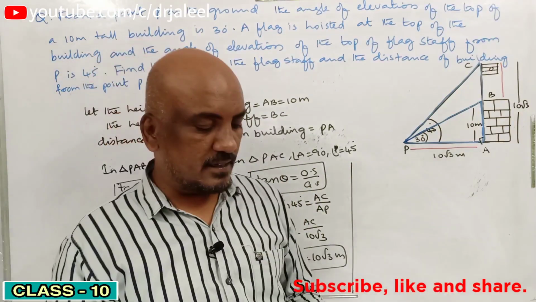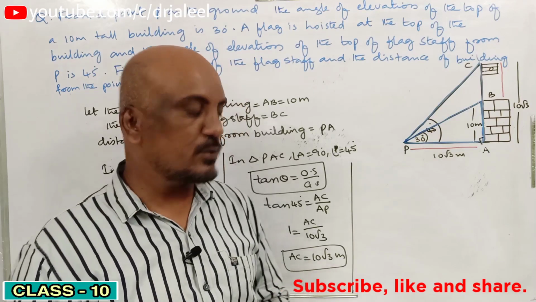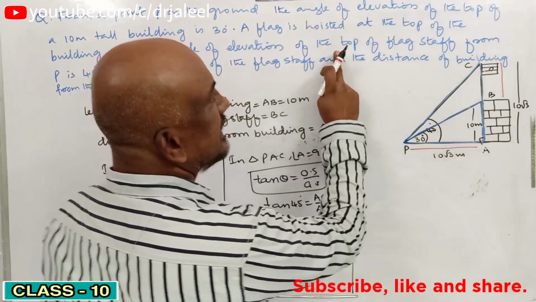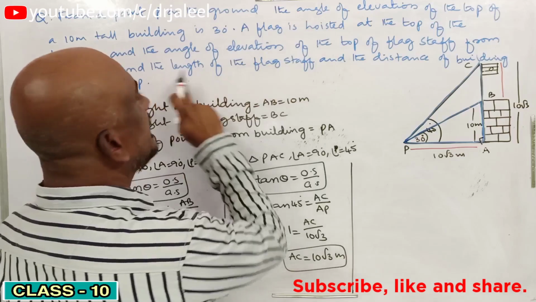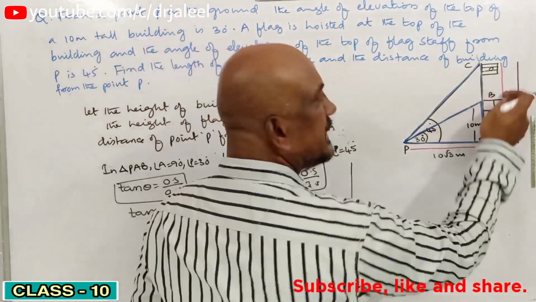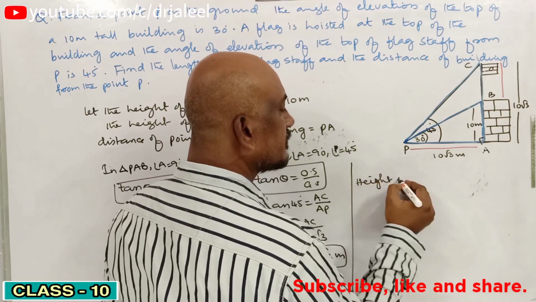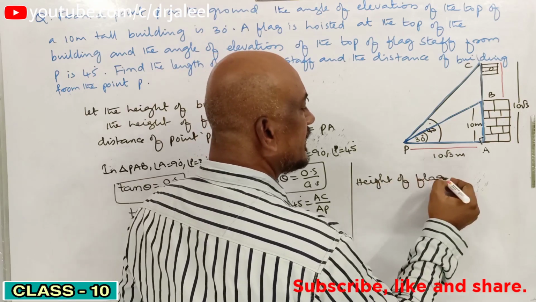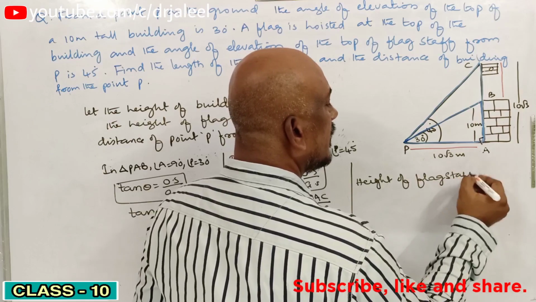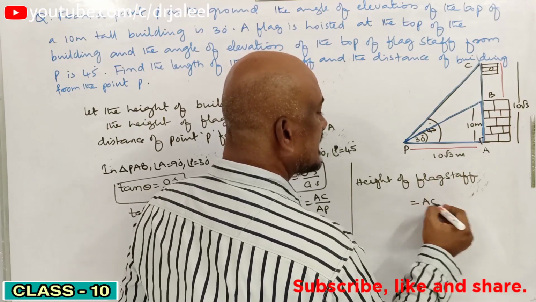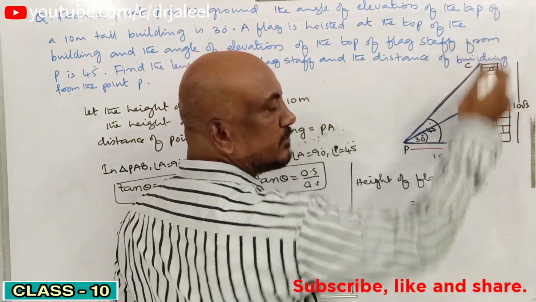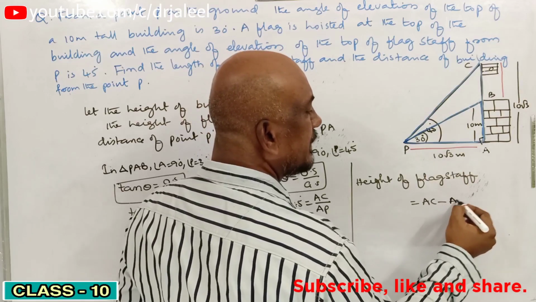Now let's give the conclusion. Let's give the answer to him. First, what is he asking? Find the height of the flagstaff. BC is needed. So you write here, height of flagstaff is equal to AC minus whole height minus AB, building height.